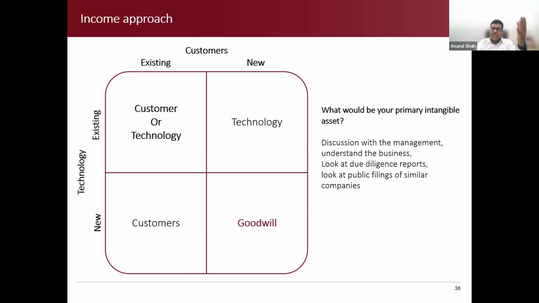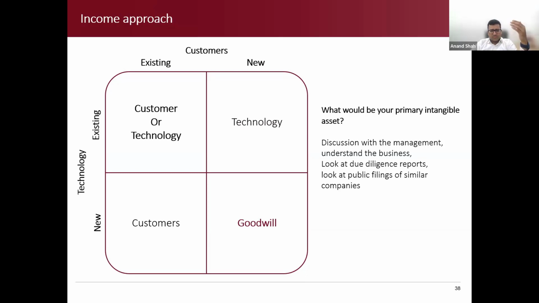Now, in a scenario where it's an IT company, say we concluded that the relationship is more important than the technology. That would mean the relationship is the primary intangible. And while technology exists, it's not really the primary transaction driver. So essentially, revenue gets generated by certain technology that the company has, right?